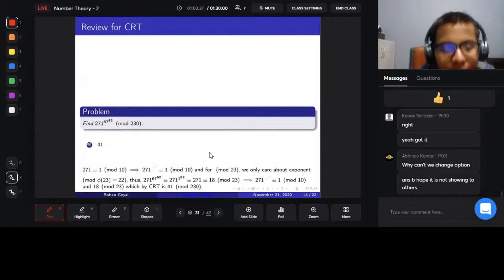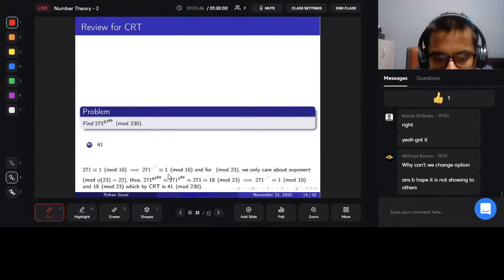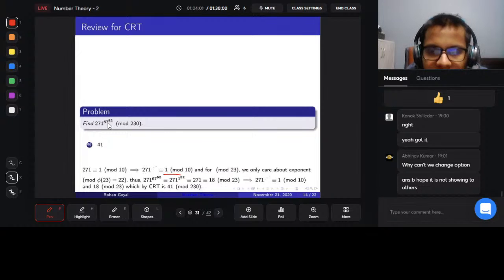So first we'll try mod 10. Observe that mod 10, 271 is 1 directly. So whatever the power becomes, it becomes irrelevant. So we just leave it as 1 mod 10. And now we try mod 23. Mod 23, again we only care about the exponent mod 22. Observe that 67 mod 22 is just 1.